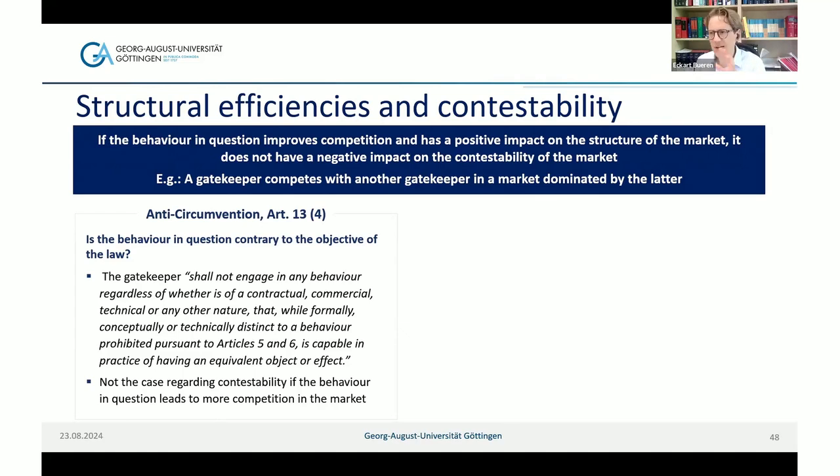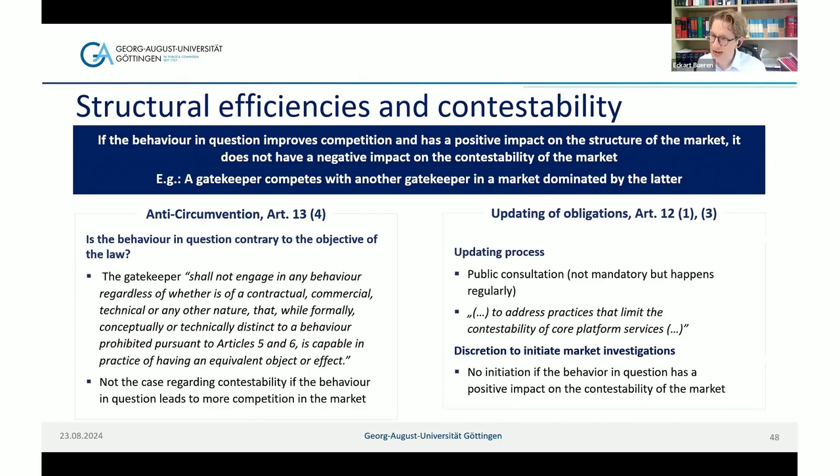So one could think at face value, it's not the prohibition in Article 5 to 7, but it's very similar, but it has structural efficiencies that actually improve competition on the market. Then we would argue you have to consider these efficiencies when it comes to the question whether you can apply Article 34.